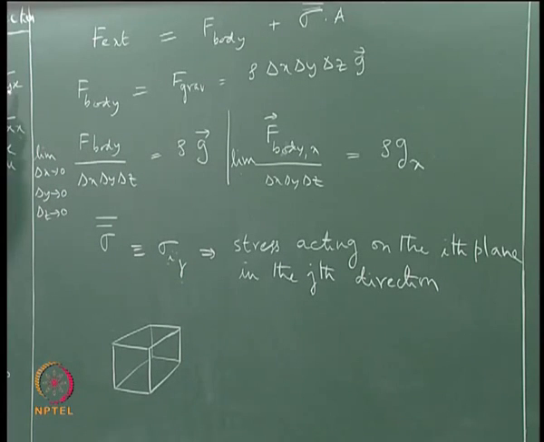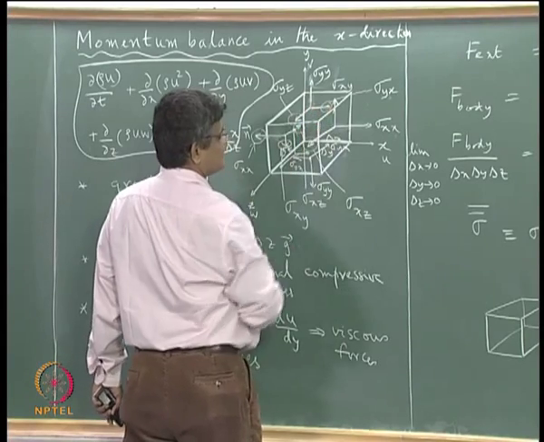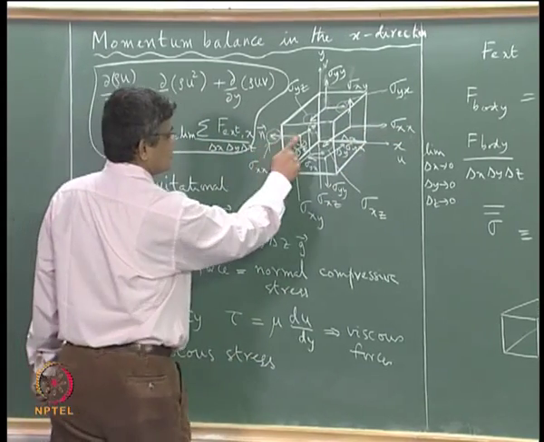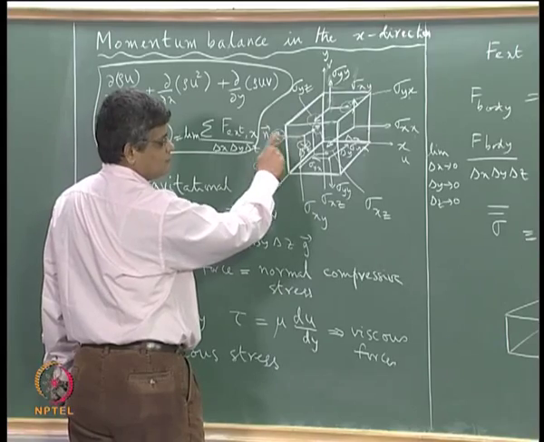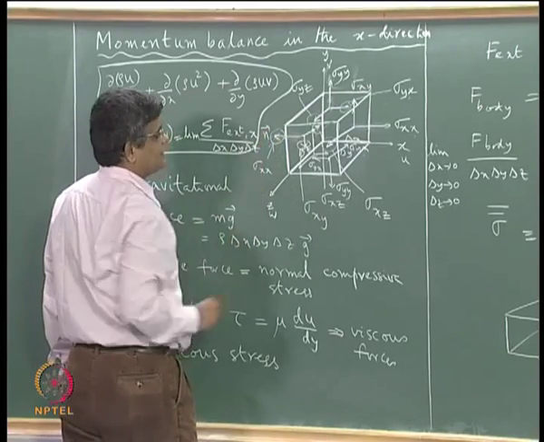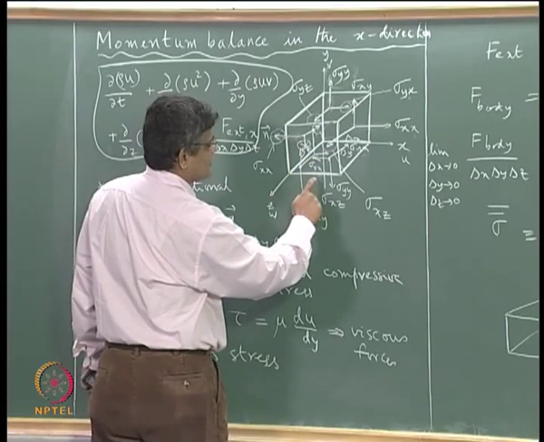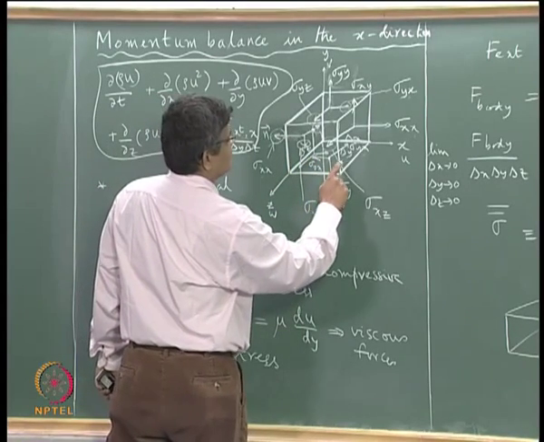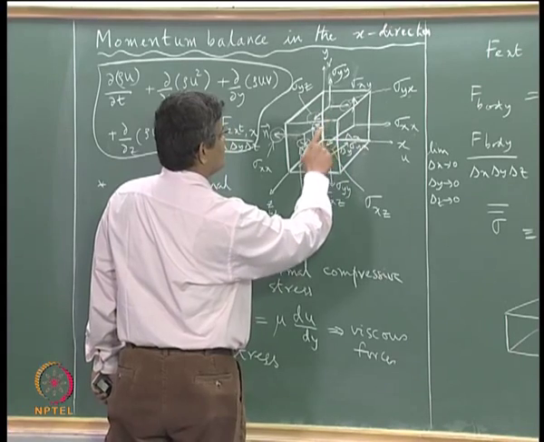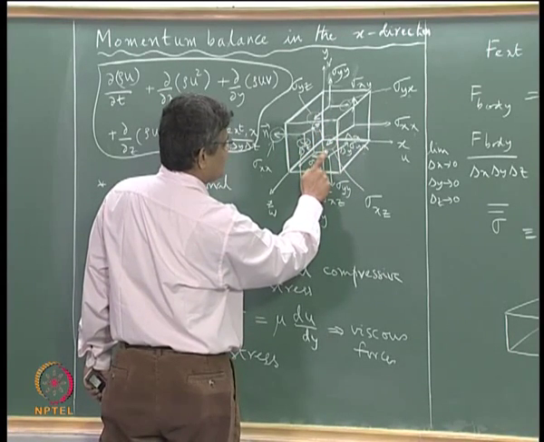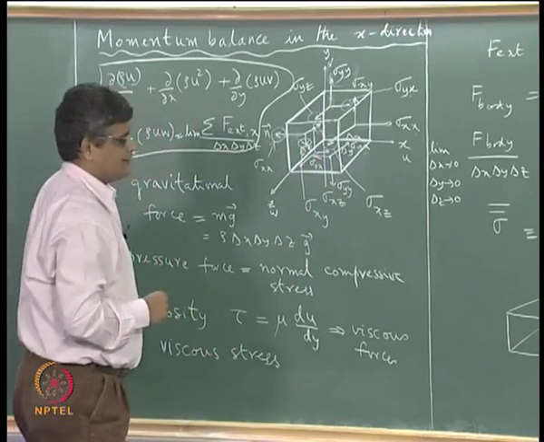For example, this sigma yx here is acting in the x direction, and this sigma xx is acting in the negative x direction, but still it is acting in the x direction. This sigma yx is acting in the negative x direction, and here we have a sigma zx which is acting in the x direction.